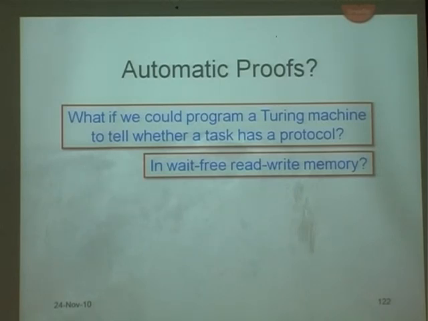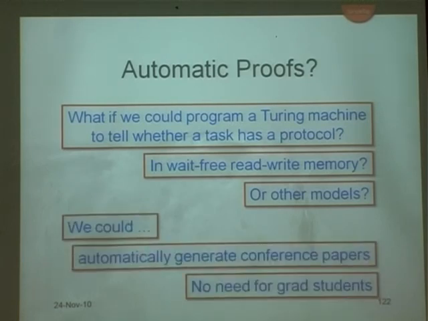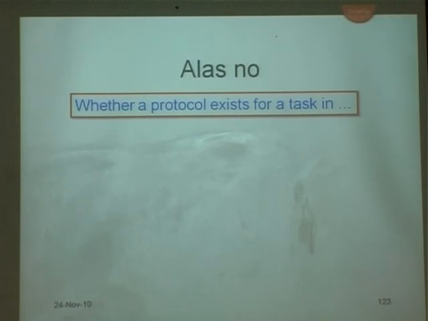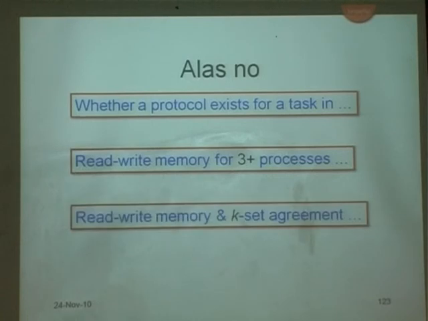So you could write it all down on a Turing machine tape and then ask, is there a Turing machine that decides whether a protocol has a solution in read-write memory, and by implication, other models? Then it turns out that whether a protocol exists for read-write memory for 3 or more processes is undecidable. Read-write memory with case-set agreement is undecidable if k is greater than 2.